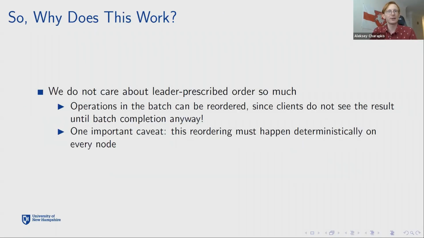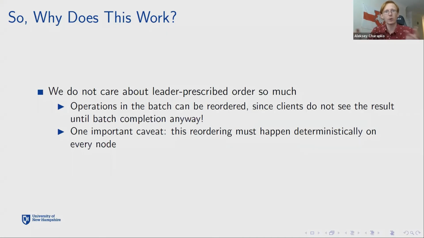I'm not sure this is a super innovative approach to actually running the transactions. And the only reason why it works is because of this batching, and because the order doesn't really matter that much, right? So the order that was prescribed by the Paxos leader, by this replicated state machine, doesn't matter.